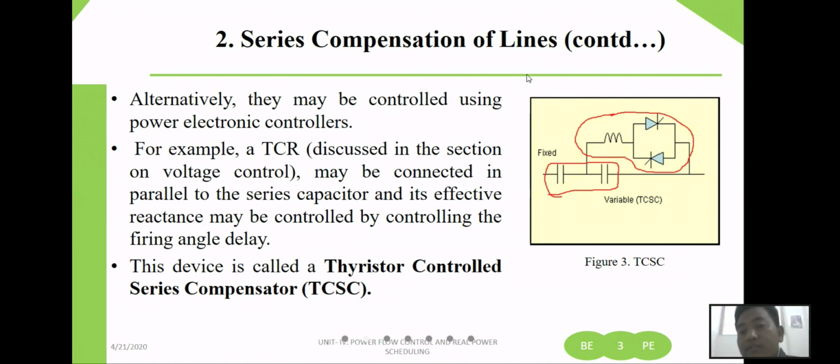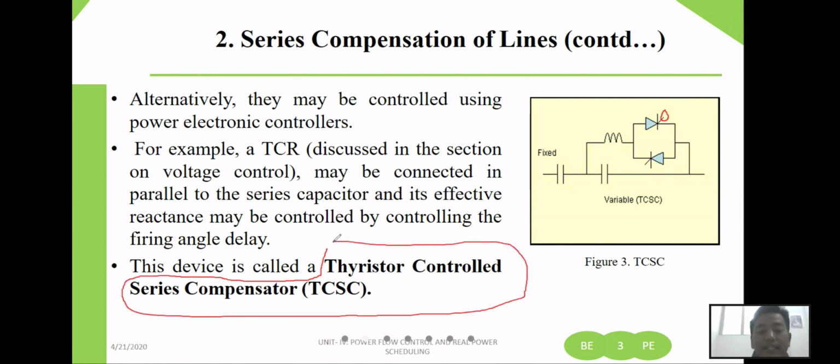So now what you can do is, depending on the firing angle, your effective reactance will be controlled. The firing angle delay and all will control it. Such a type of device is known as TCSC. TCSC means thyristor controlled series compensator.